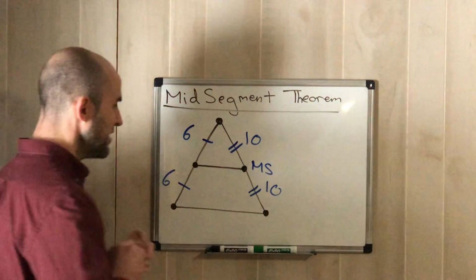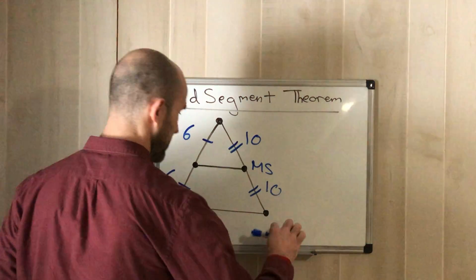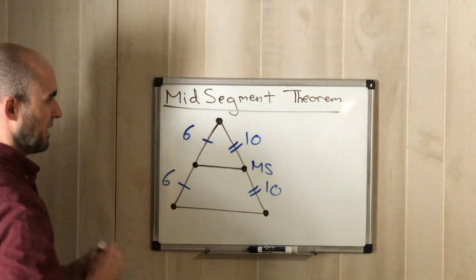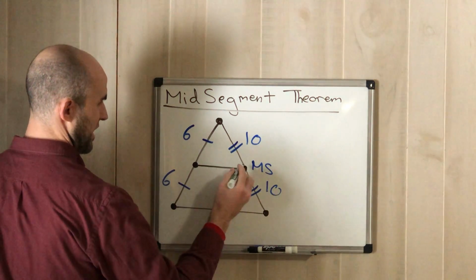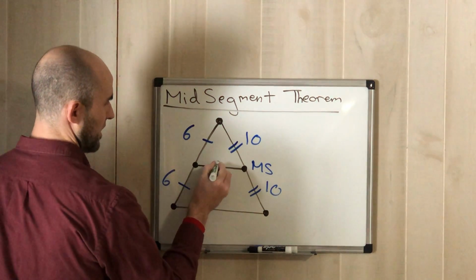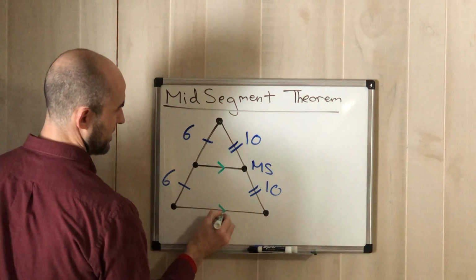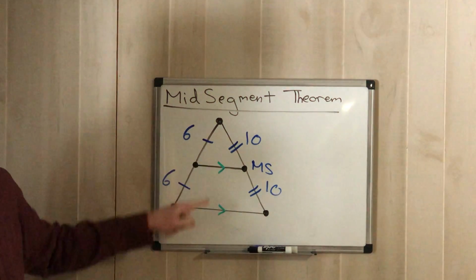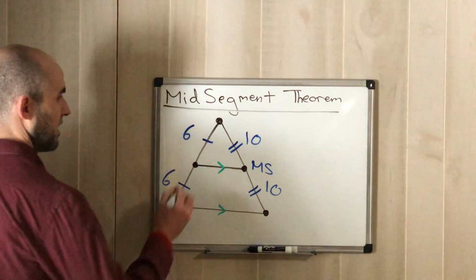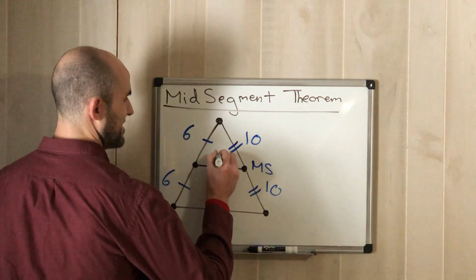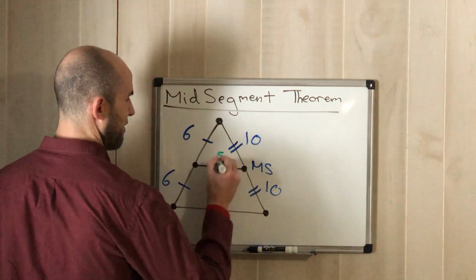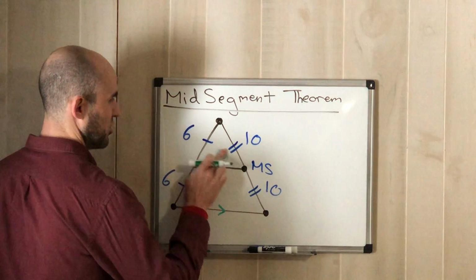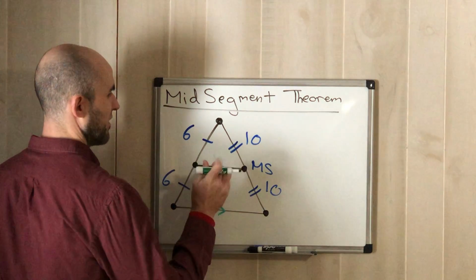Now, the other relationship that exists with a midsegment is, if this segment is in the middle, for the midsegment theorem, it means that this has to be parallel to that. They're never going to touch. And if these two are parallel and it's a midsegment, let's say this is 7. I'm going to pick a different number just because I don't want to confuse you with a number that's already there.